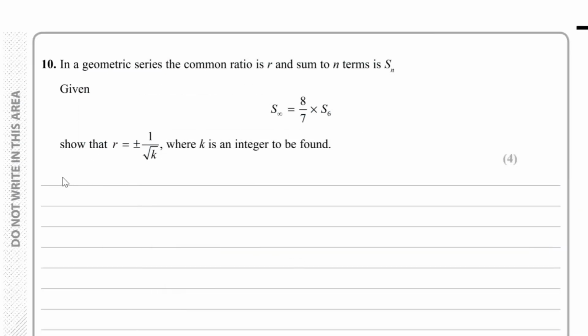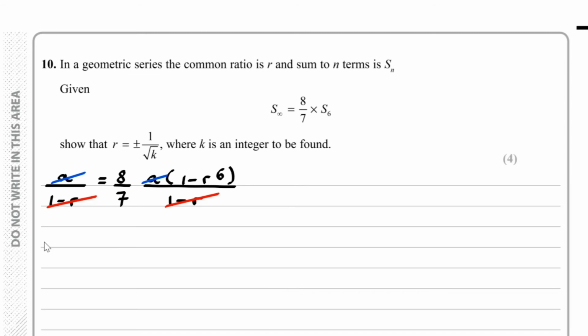So if we do that, we have a over 1 minus r equals 8 over 7 multiplied by a lots of 1 minus r to the power of 6 divided by 1 minus r. Now, happily for us, the 1 minus r's cancel on both sides, so do the a's.